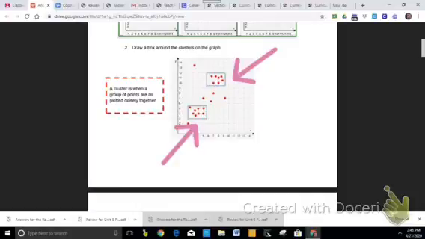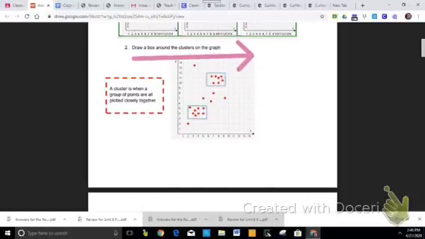Yes, we could say more or less it's a positive trend on this data, but it didn't ask you that. It said draw a box around the clusters on the graph. So that's what you have to do. Read the directions and do what it says. And again, just for information, there's an outlier. Hope you think that one's easy. I think that one's easy.